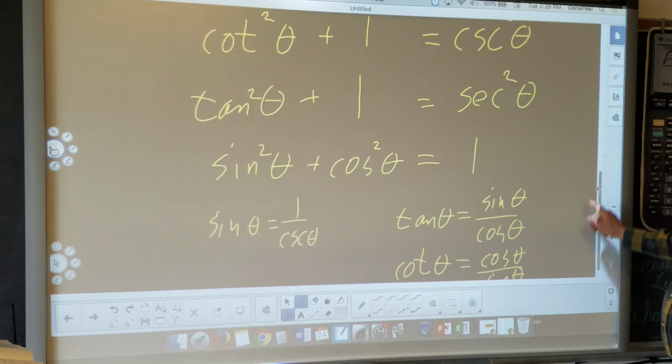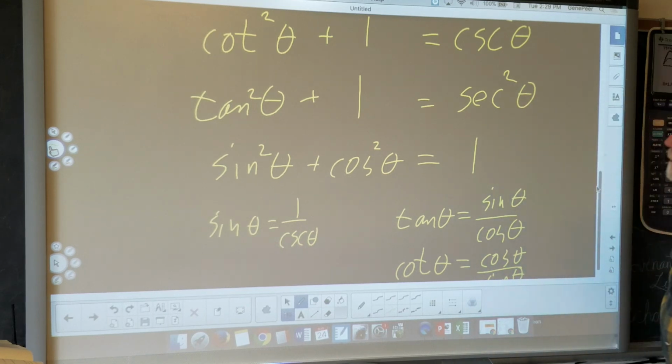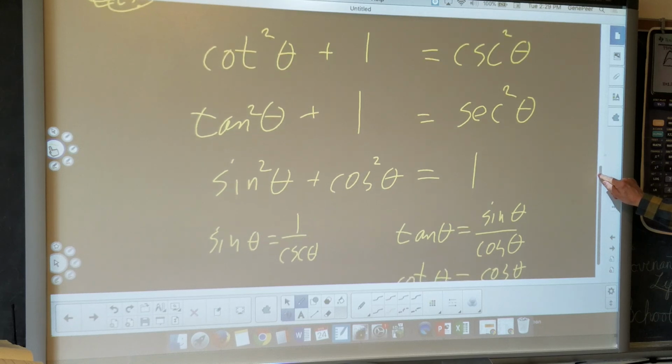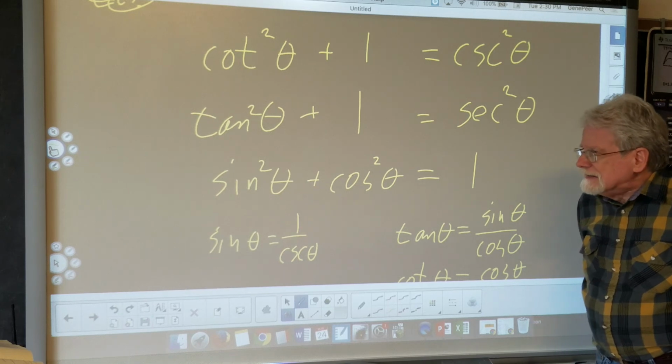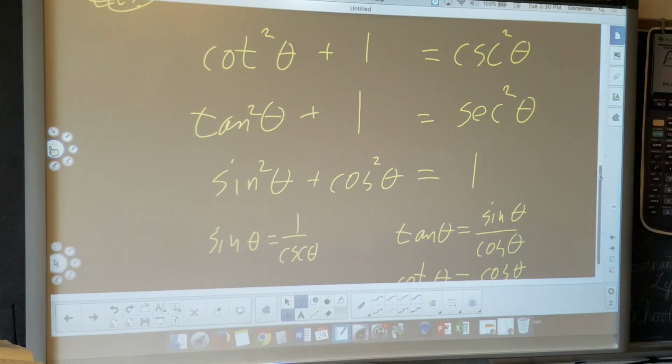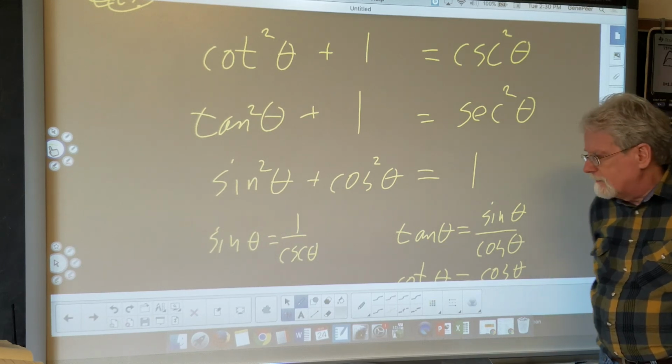If I had just thrown these at you a couple of weeks ago, you would have been kind of lost. But now you see where they come from, you see the patterns, and you realize, yeah, I can make sense of this. Yes, I can remember these. Yes, I'm going to have to take some time to sit down and actually memorize them, but there are enough patterns and hints along the way that I should be able to memorize these with very little difficulty.